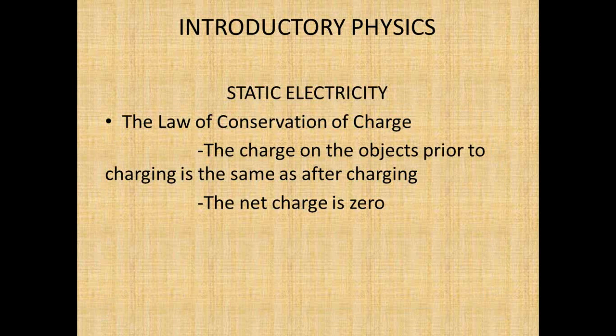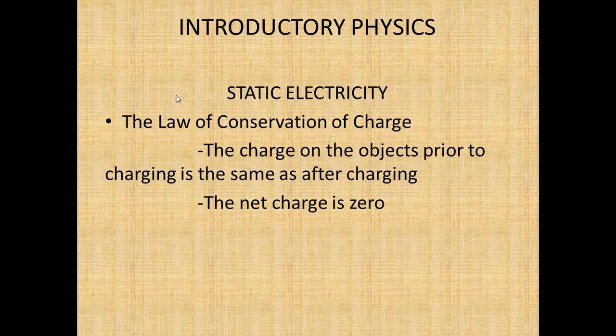All right, so we're going to move on now to the law of conservation of charge. And remember what we said, when we polarize an object, so we have a metal sphere, and we bring a charge in close proximity, the charges are going to rearrange themselves, but the object is still electrically neutral.